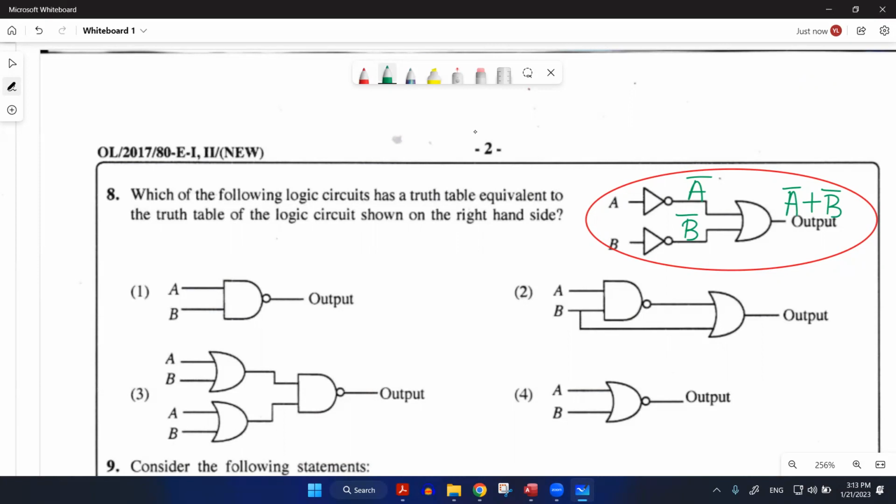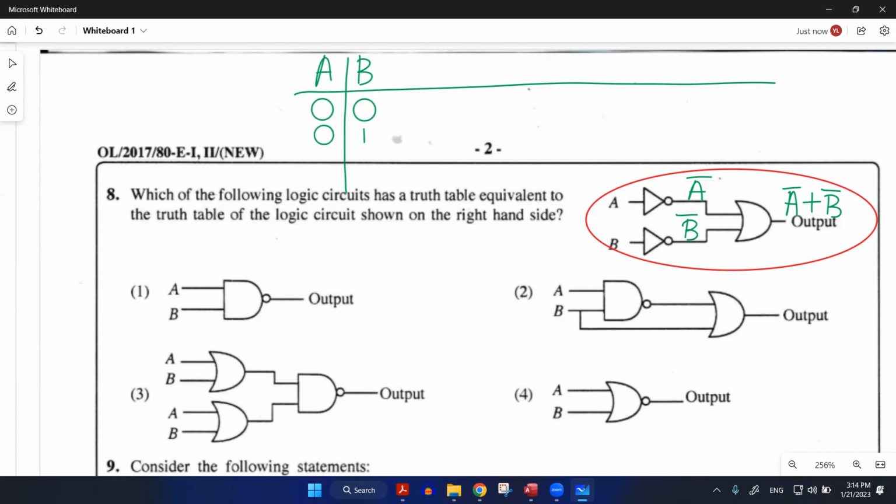I can have columns A and B: 0, 0, 0, 1, 1, 0, and 1, 1.